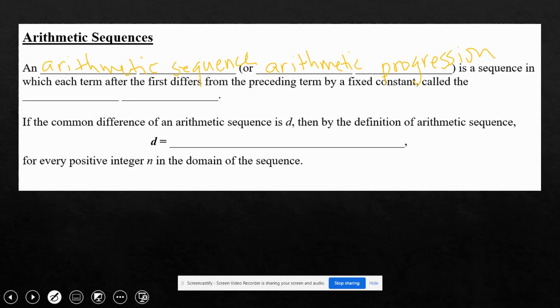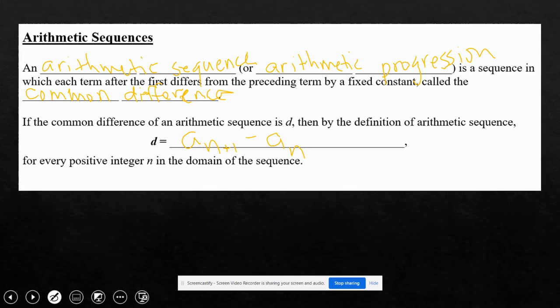We can either be adding or subtracting whatever this value is. And this value, regardless of if you're adding or subtracting, is called a common difference. To find a common difference, we subtract the two terms that are next to each other.